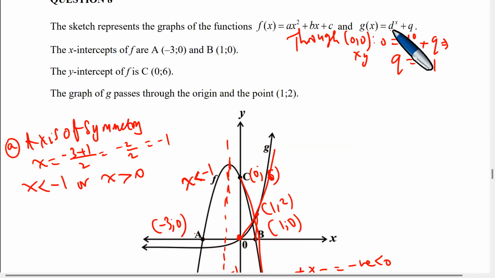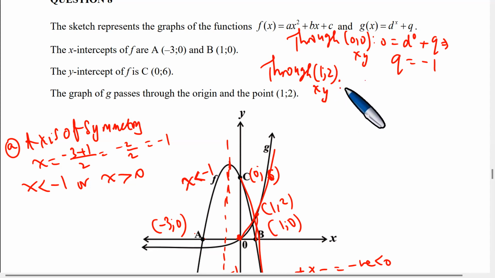To find the values of D and Q, look at where this passes. It passes through the origin, so through 0 and 0, then substitute everything, which means Q is minus 1. But it also passes through 1 and 2, so Y is 2 and X is 1.